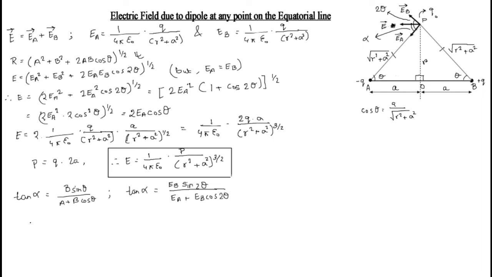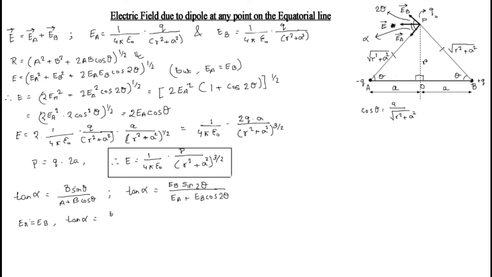So we'll write it exactly in the way it needs to be written. So EB is equal to EA over here. From our previous case we already know that the electric field due to the charge at B and the electric field due to the charge at A were the same. So in this tan alpha expression, we will replace that.